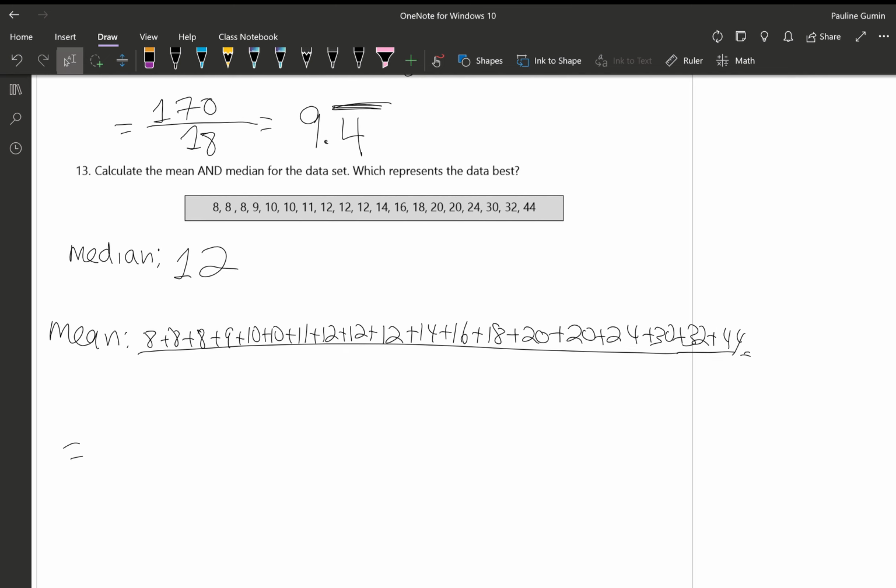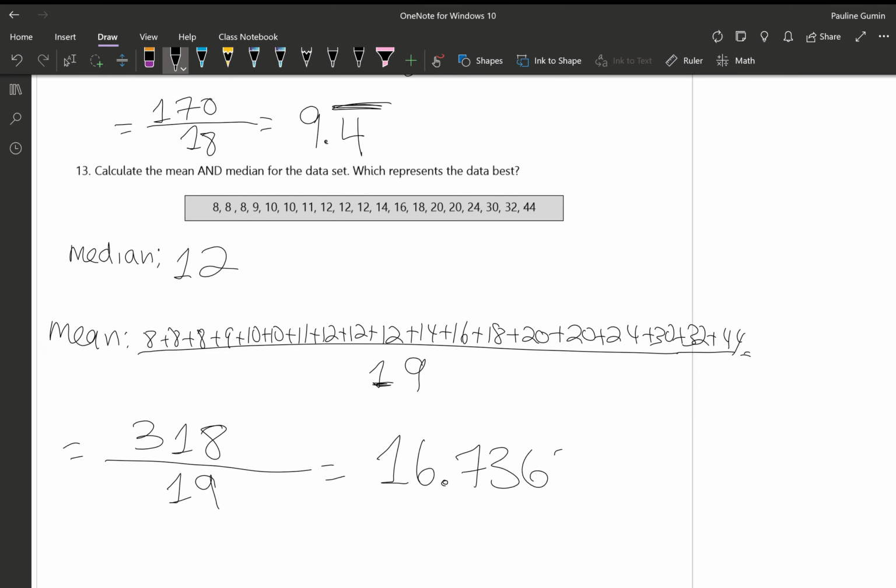Now I need to count how many numbers there actually are so we could divide. 2, 3, 4, 5, 6, 7, 8, 9, 10, 11, 12, 13, 14, 15, 16, 17, 18, 19. 19. Okay, so adding up all those numbers together, I got 318. And I'm going to divide that by 19, and I got 16.7368.